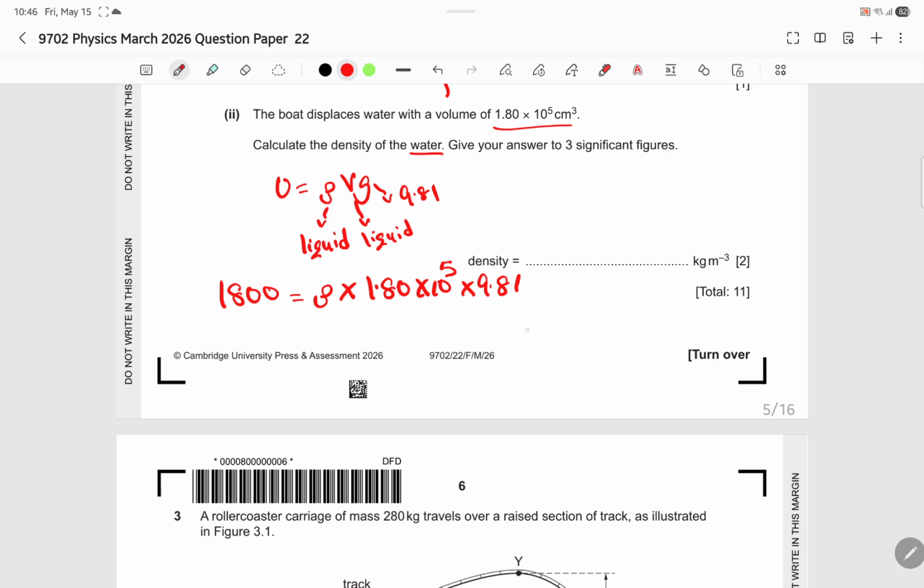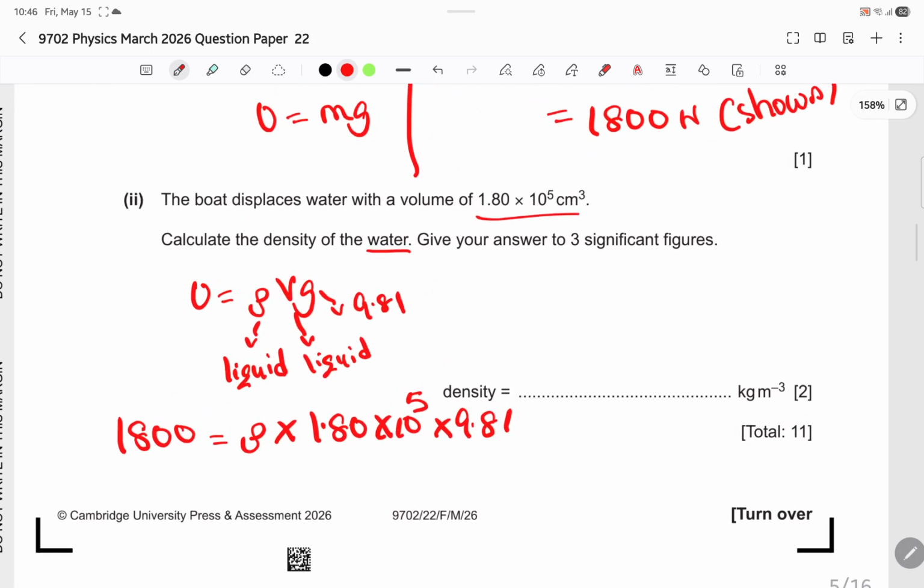So if you rearrange this, we get... wait, there's still something we need to do here. This might catch some students off guard.